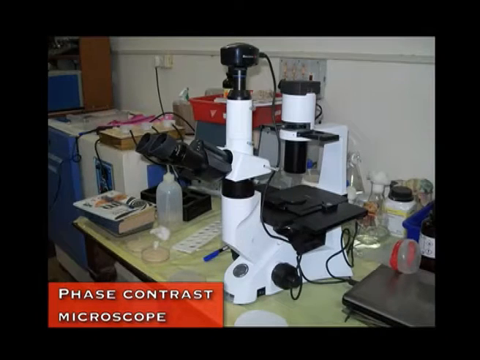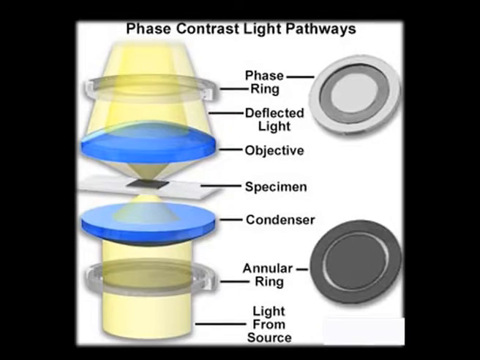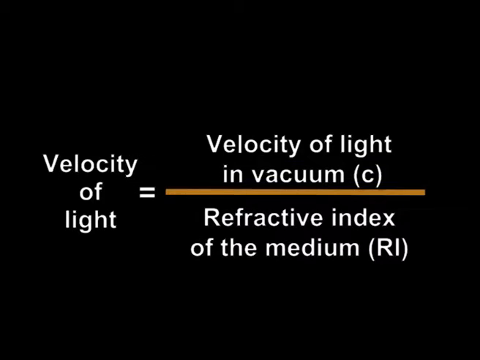Now, going to the details of phase contrast microscope, first we should understand where this phase difference comes from in biological specimens. In biological specimens, depending on its thickness, the light traverses through the specimen as well as through the background. Now we know that the velocity of light in a medium depends on the velocity of light in vacuum divided by the refractive index of the medium.